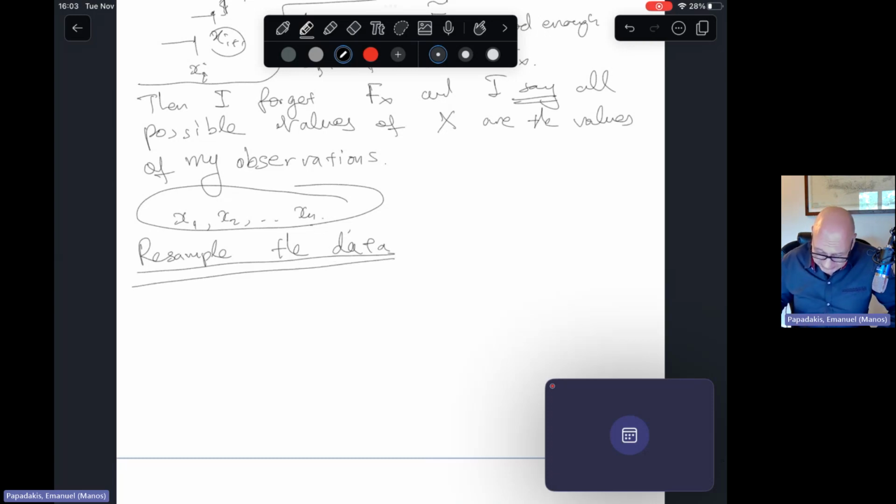And then, if you want to calculate the mean of x, that's your objective, the bootstrapping will calculate the means of the samples. So it will take the sample averages. Let me give them a different notation now.